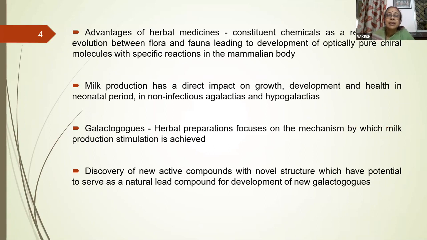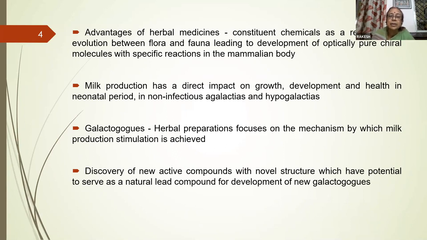The advantages of herbal medicines: they constitute chemicals arising from a revolution between flora and fauna, leading to development of optically chiral molecules with specific reactions in the mammalian body.